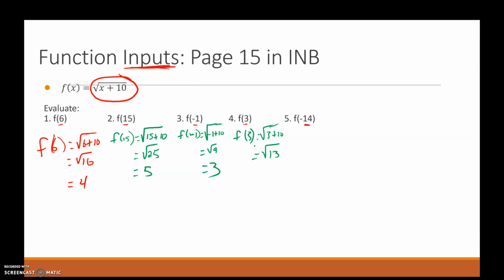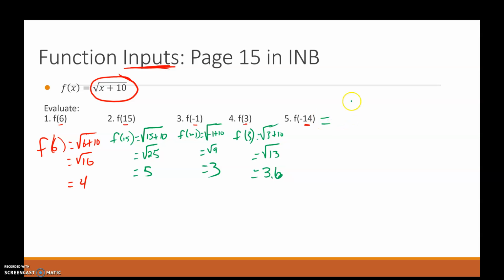If you try to take the square root of 13, you do not get a pretty number. So you're going to need to use your calculator for this. I'm going to type it into my calculator here, and I'm going to get 3.6. You would use your Desmos calculator for that, or whatever calculator you have. There are a bunch of decimals. I just go to the first decimal place.